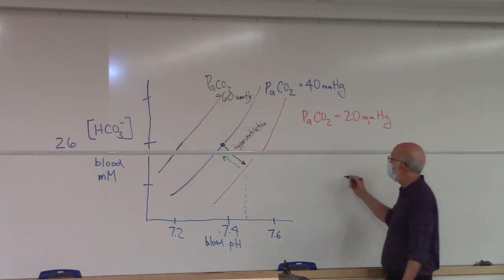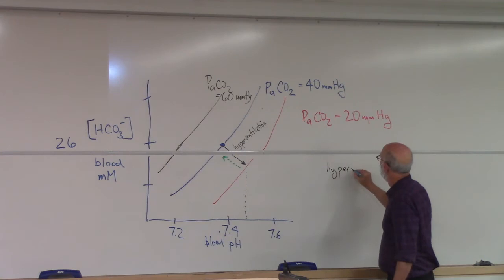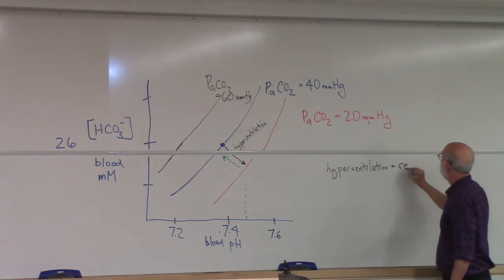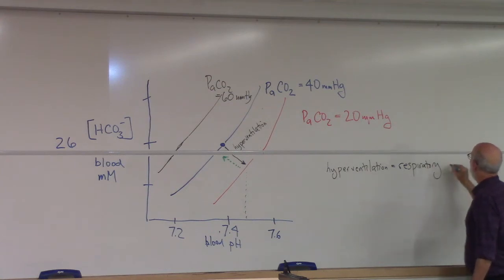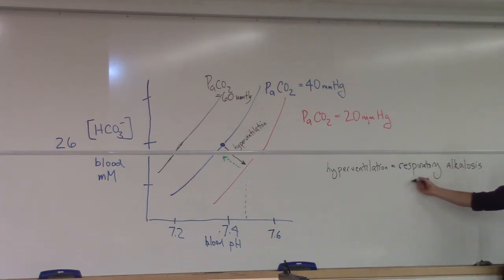So hyperventilation is equal to respiratory alkalosis, because it's coming from the ventilation. pH is too high because the respiratory system is not working right. Hyperventilation.